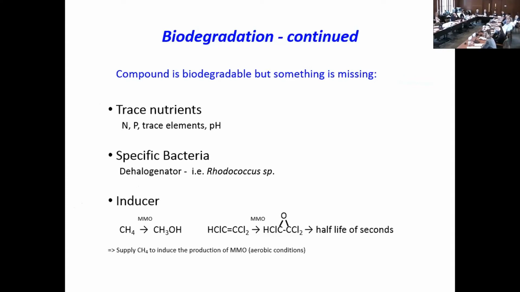And sometimes, let's say trichloroethylene, for example, in the oxidation of methane to methanol, the first step is done by an enzyme, a methane monooxygenase, which is not very specific, and it can epoxidize trichloroethylene. Okay? This epoxide has a half-life of a few seconds and then decays fairly quickly.